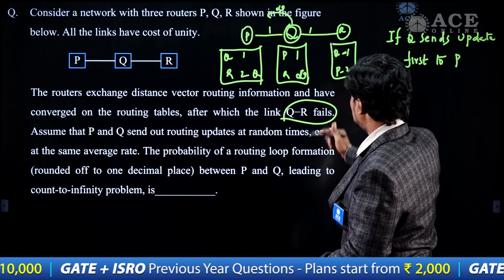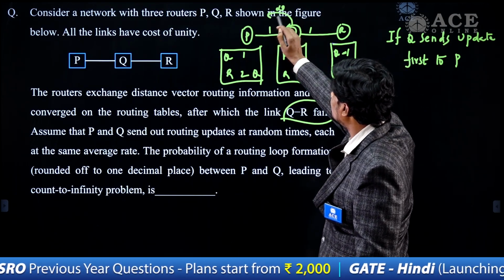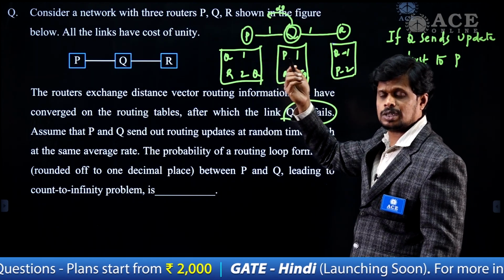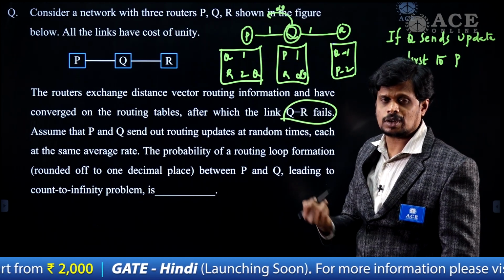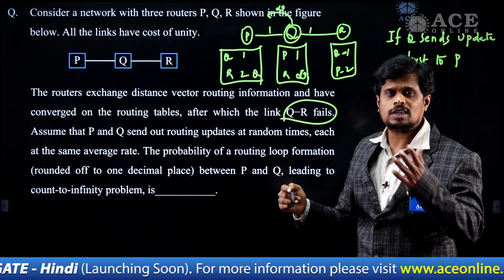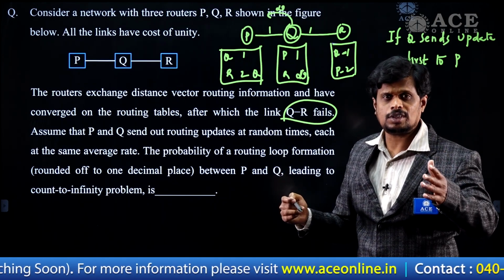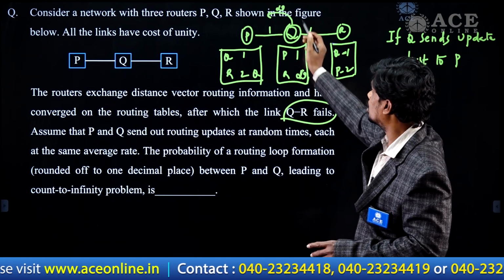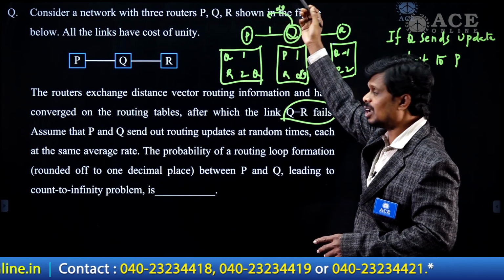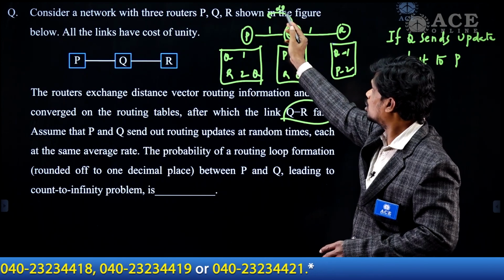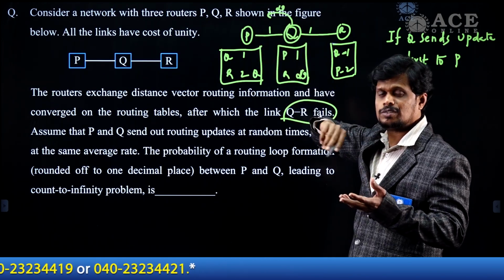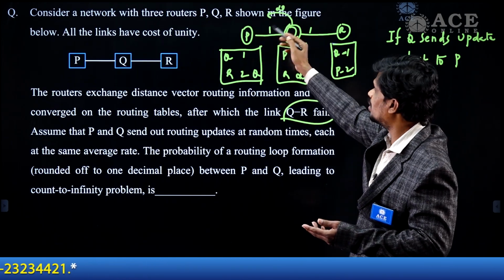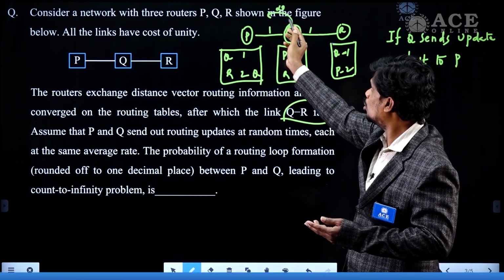So now this Q is updating infinity. Infinity in the sense it is a bad news. Is it increment or decrement of the cost with respect to the R? It is increment. So increasing in the cost is a bad news. Bad news in the sense it propagates very slowly. After some amount of time, this P may get the information of this infinite, but there is no looping there.